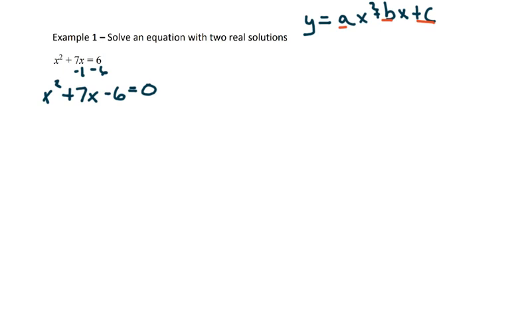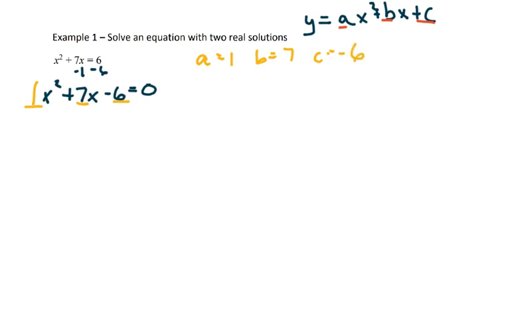And now I have identified a, that's an understood one, b, and c. So off to the side here, let's just jot that down. We know a is 1, b is 7, and c is negative 6.